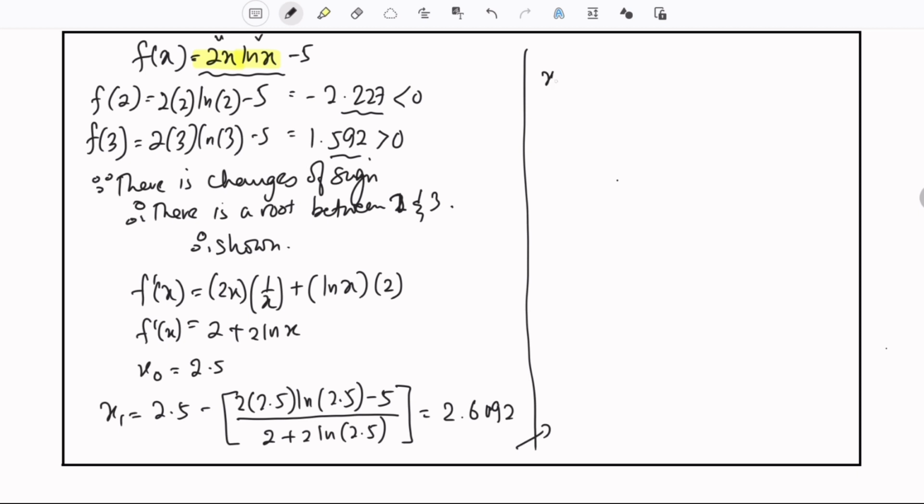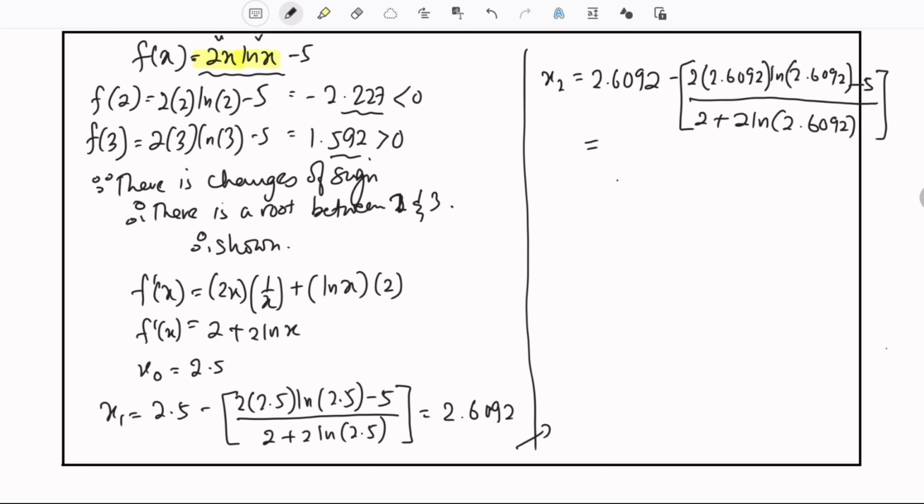So next, do your x2. So similarly, 2.6092 minus the same expression, so you get x2 will be 2.6080. Still not the same. So find x3. So again substitute.